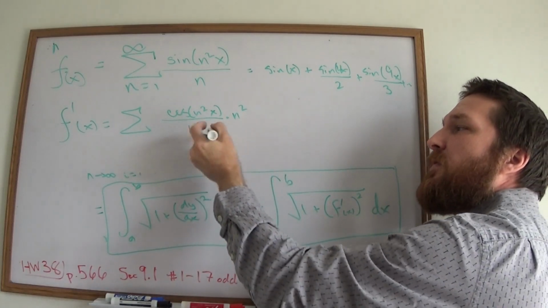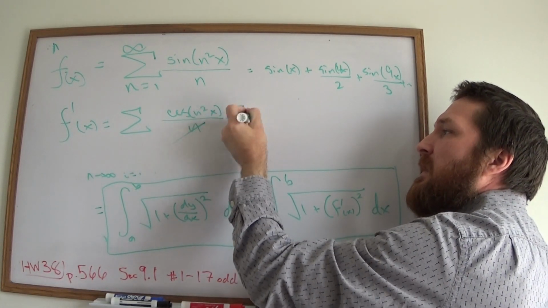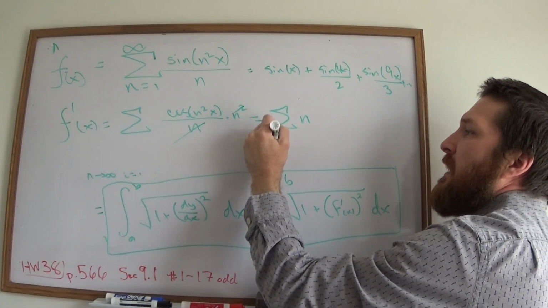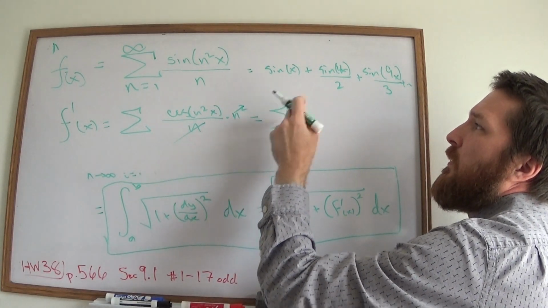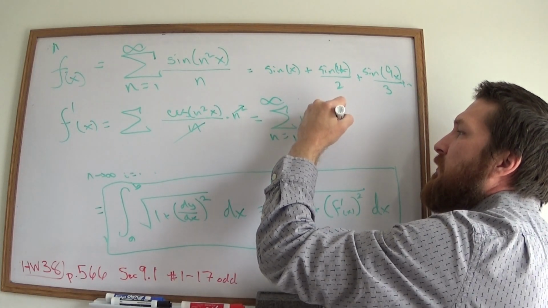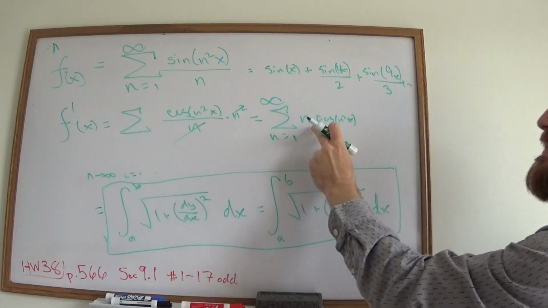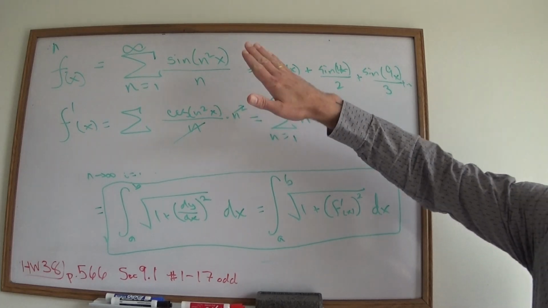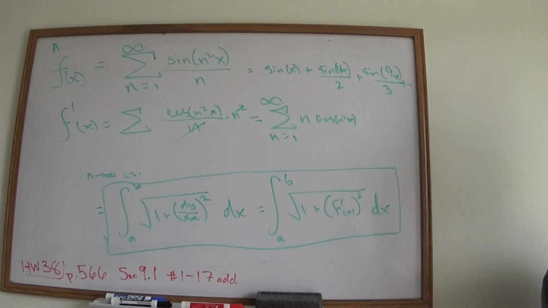And so then the n cancels one of these, and now you have the sum as n goes from 1 to infinity of n cosine n squared x. And this bad boy blows up. He blows up bad. So go on Desmos and graph this, and you'll see.